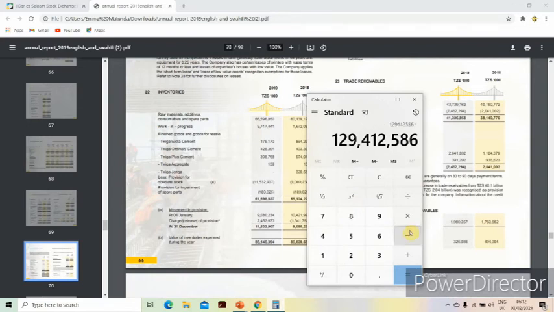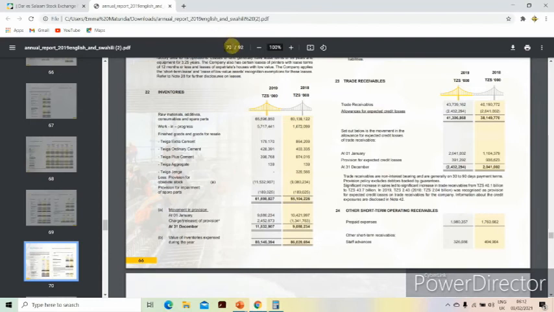So we're going to take this figure right here, and we're going to subtract it by 1,980,357,000, and the result we're going to get there is 127,432,229,000. And so then that right there is our net current assets as far as liquidity is concerned.